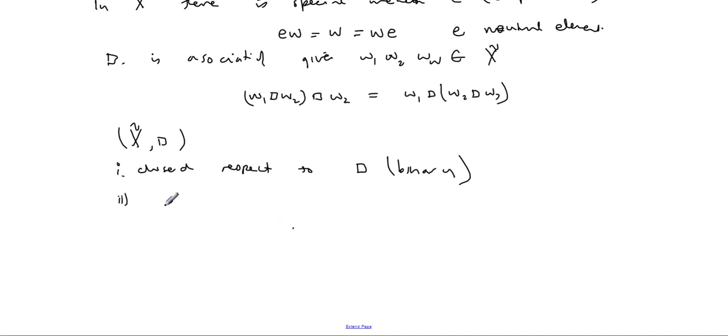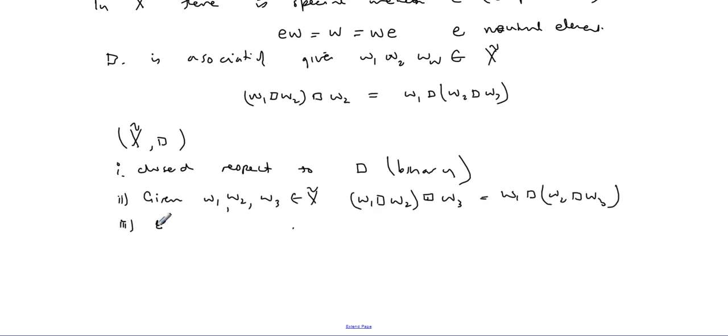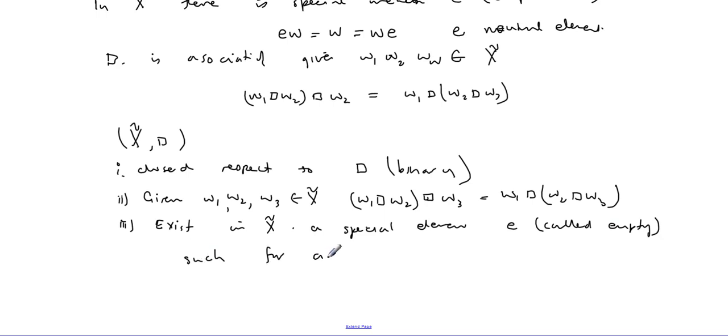The next thing, given word 1, word 2, word 3 in the set of words, always there exists a special element E called the empty word, such that for any word omega, E cascaded with omega is equal to omega, which equals omega cascaded with E.